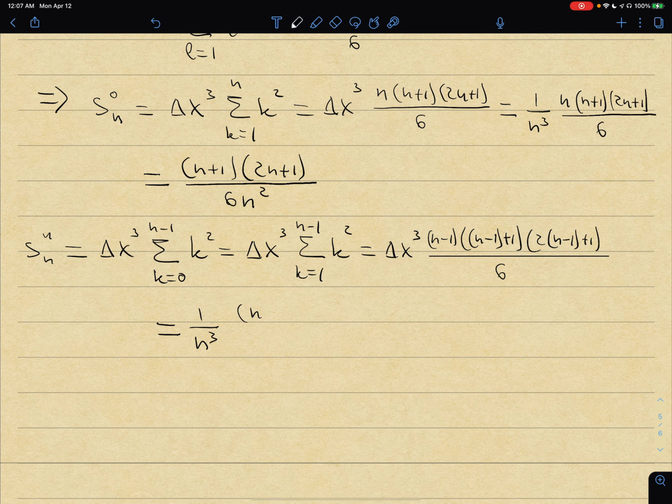And then I have n minus 1. Then n minus 1 plus 1 is n. And 2 times n minus 1 is 2n minus 2, plus 1, so 2n minus 1, whole thing over 6. Now, once again, I can get rid of n, and I'll get n minus 1 times 2n minus 1 over 6n squared.